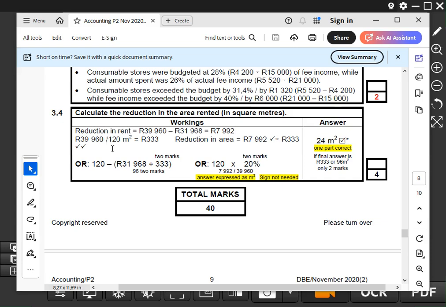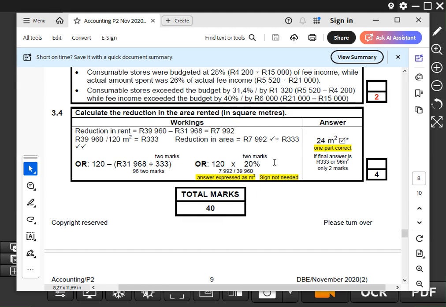Why do they do it by 120? The rent for... Oh my goodness, I would have gotten 0 for this thing, because I'm just getting so flustered here. So let's have a look. What we did, we got the reduction in rent. At least I got that. 1 mark. I'll get 1 out of 4.